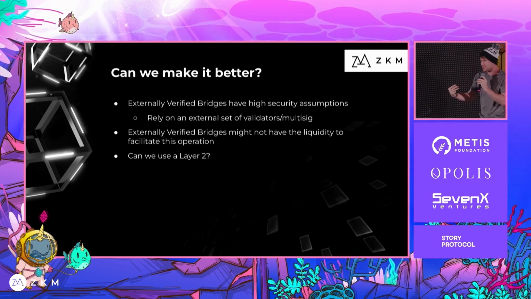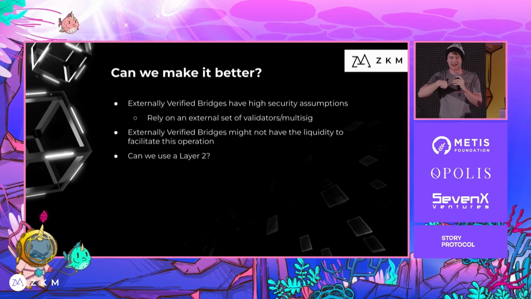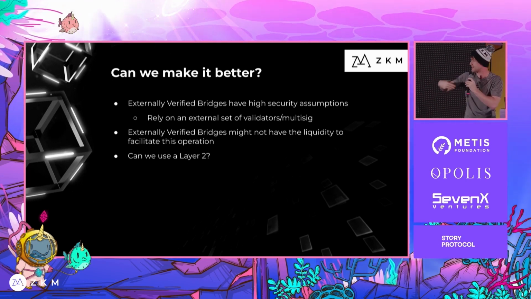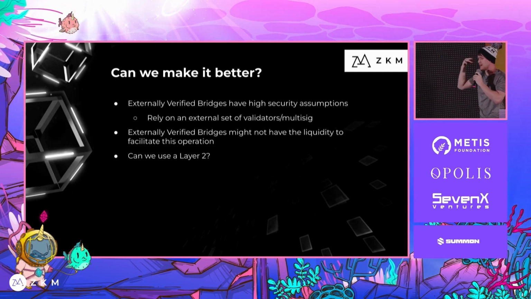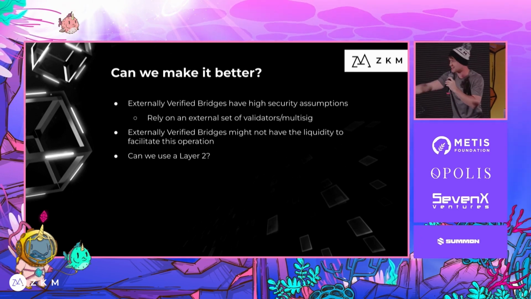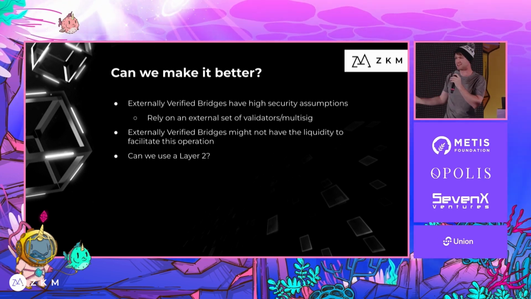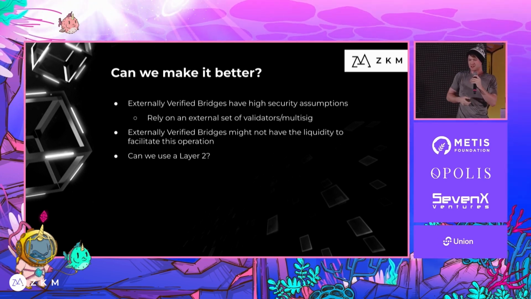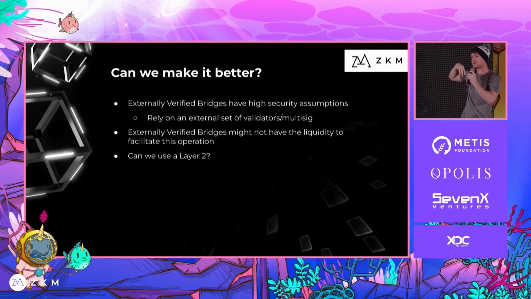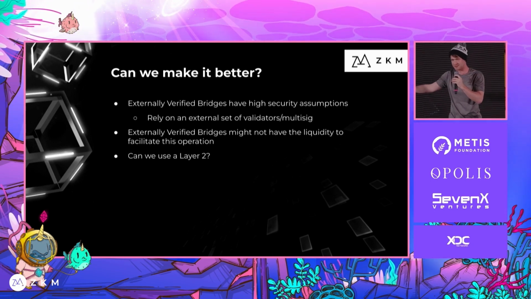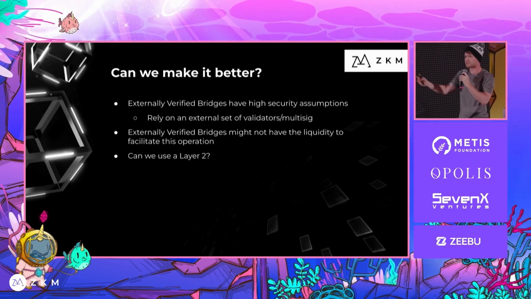Now, externally verified bridges have a high security assumption. Because I have to trust that the transaction has executed, I have to rely on an external set of validators. So essentially, I have to trust the protocol that they do the actual bridge operation correctly, or I have to trust the multi-sig that's controlled by the protocol.